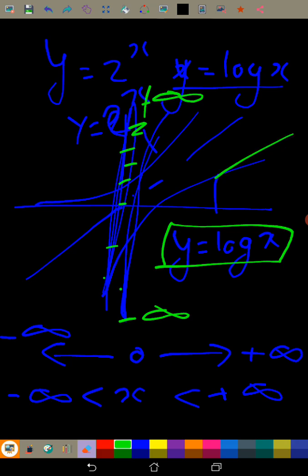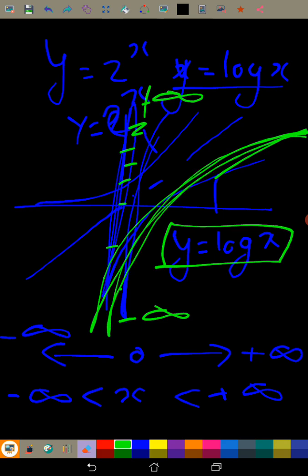So this will continue eventually to infinity. This logarithmic function goes to infinity, and it also has a range like this, if I'm correctly writing this. Yes, so that was about the range and so on.